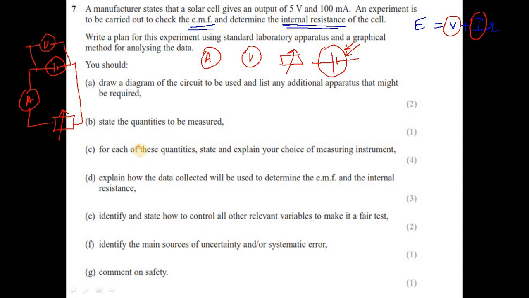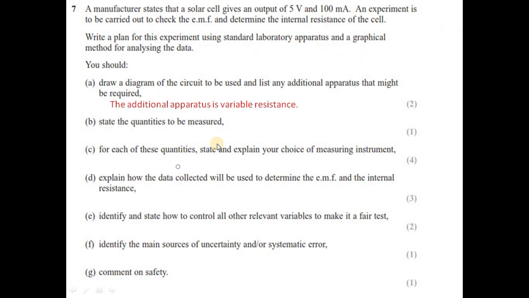That's how you draw the circuit diagram, and your additional apparatus is the variable resistance, which is not mentioned anywhere in the question.